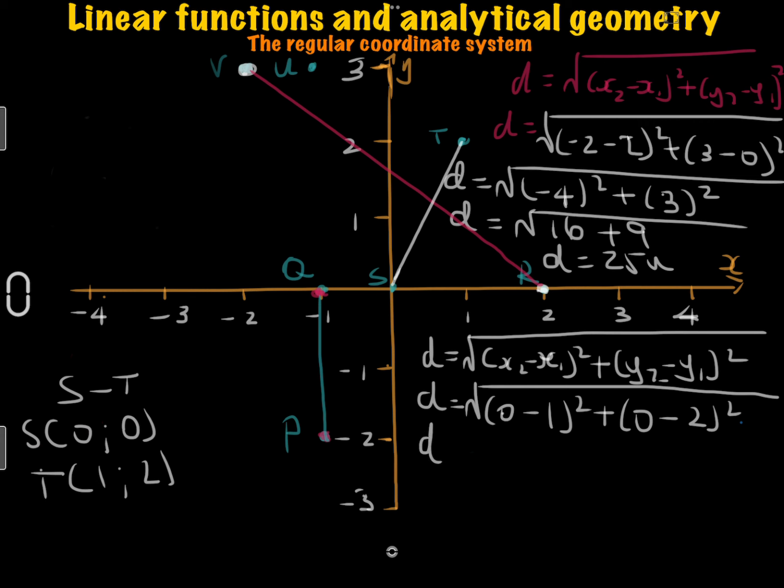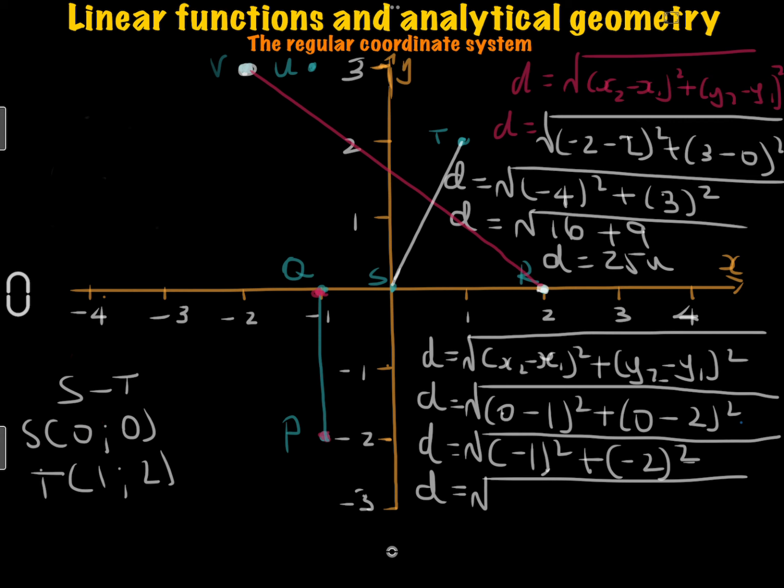So the distance is equal to the square root of: 0 minus 1 gives us negative 1 raised to the second power, plus 0 minus 2 gives us negative 2 raised to the second power. 1 times 1 gives us 1, plus 2 times 2 gives us 4.